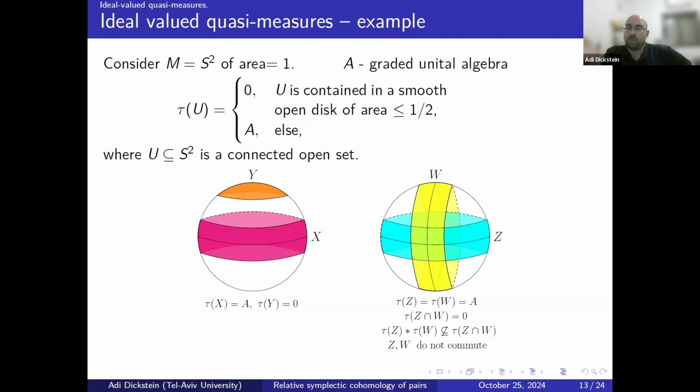The measure of each of these two annuli is the algebra itself, but the measure of the intersection is just 0. So you can see that we don't have the inclusion that the quasi-multiplicativity axiom tells us, but in this case the sets do not commute, so this is not a problem.